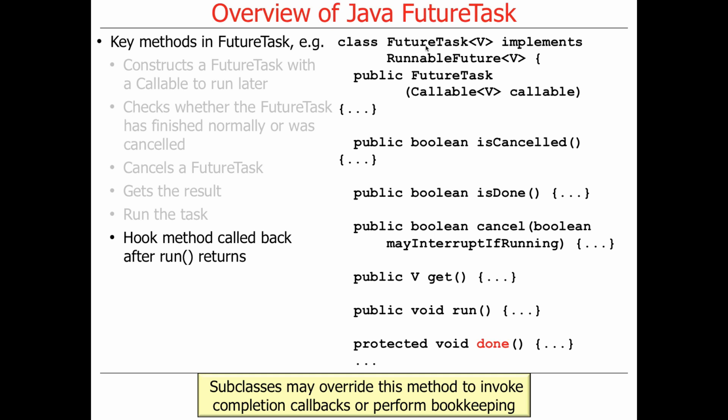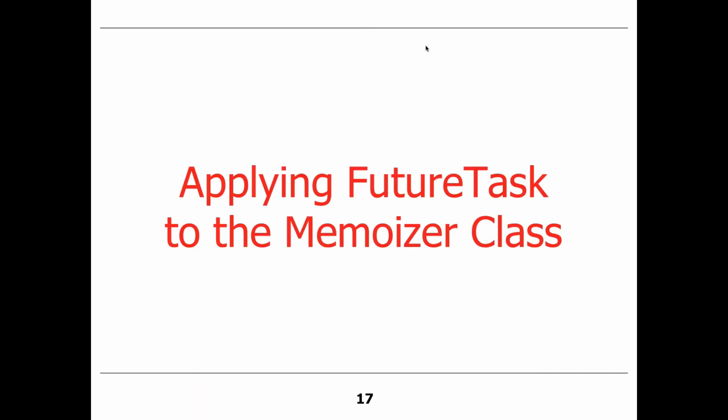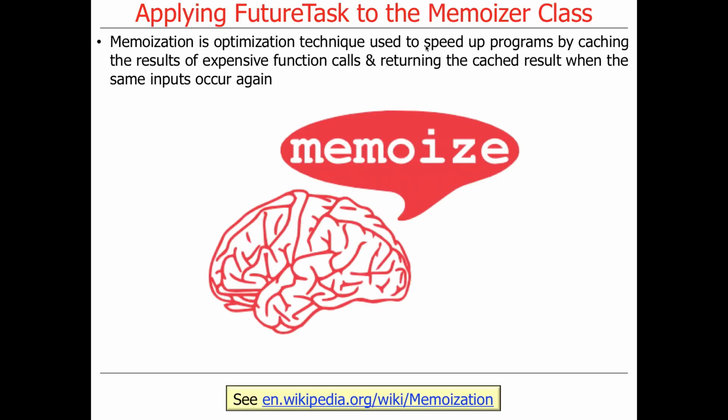Now, it still may not be at all clear what the heck a FutureTask is good for, even though I've explained to you its interface and talked briefly about what its methods do. So to make it a lot more clear and a lot more obvious why it's a win, we'll talk about applying FutureTask to something called the Memoizer. Now, what is a Memoizer? Well, memoization is an optimization technique somewhat along the lines of dynamic programming, if you're familiar with dynamic programming from your algorithms course.